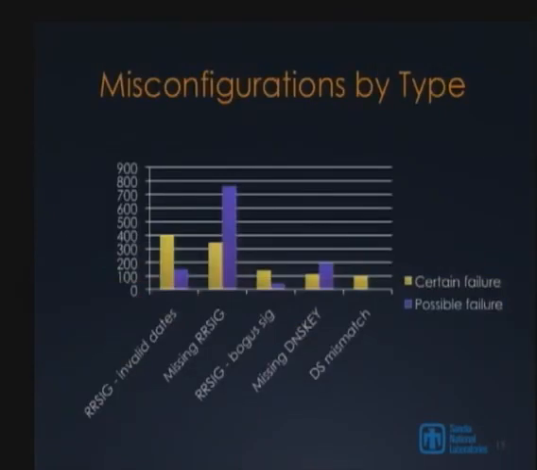Okay, so here's a breakdown of the different things that we saw during the survey, which I also find interesting. You might suspect that expired signatures were the largest contributor, and they were in terms of certain failure. This graph shows certain failure and possible failure side by side for each type of failure, as the raw number of failures.